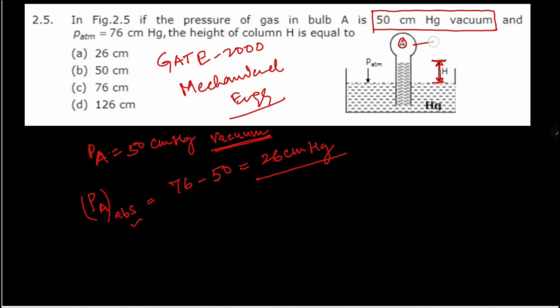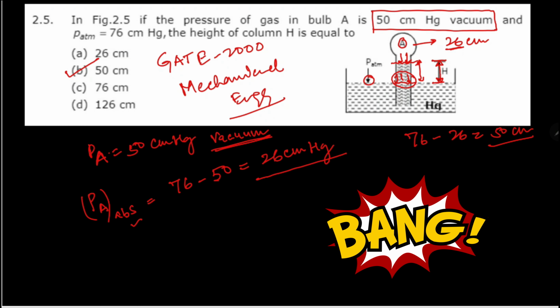Now at this location the pressure is 26 centimeter, and here we are aware that this pressure is P atmospheric. So here the pressure will also be P atmospheric. In order to make the atmospheric pressure at this location, if it has 26 centimeter, what is left over there is 76 minus 26, that is 50 centimeter. So your answer is 50 centimeter.